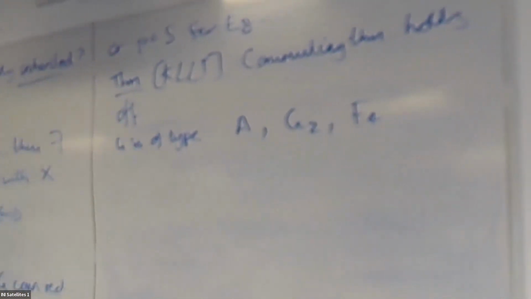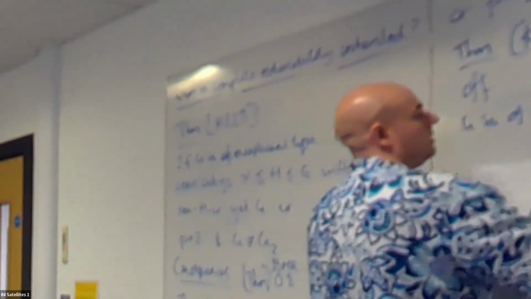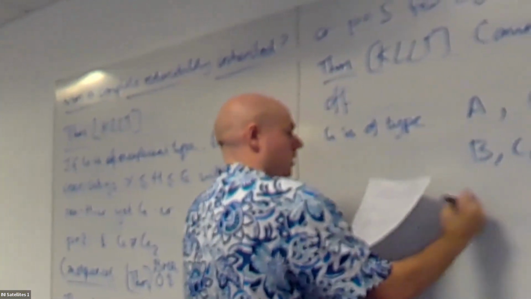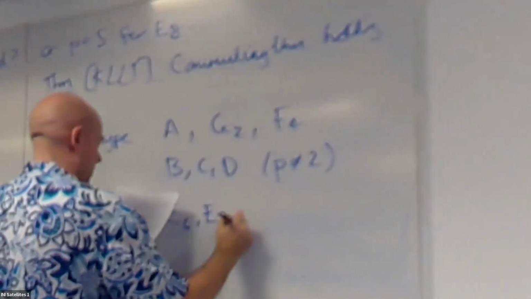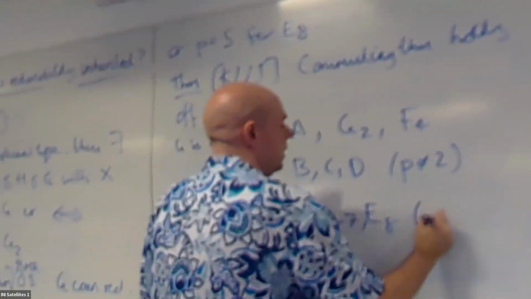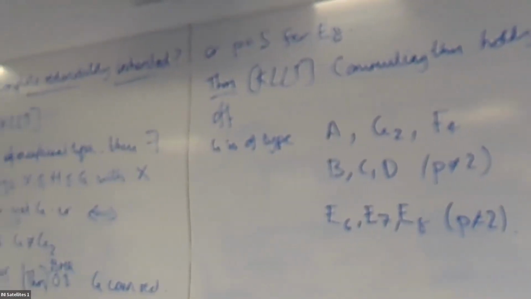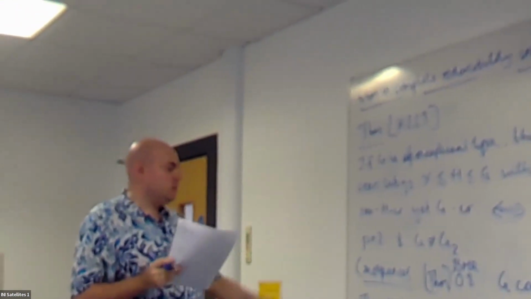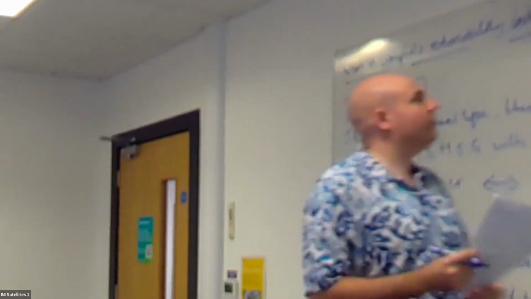So P equals 2 and 3 are not really a problem for G2 and F4. Or B, C, and D, as long as P is not 2. So as long as your P is not 2, this is a theorem which holds, which is nice. And in fact, things are too small in G2 and F4.